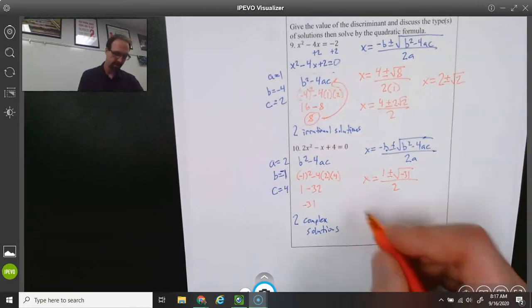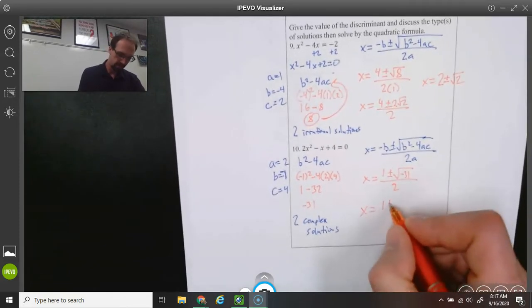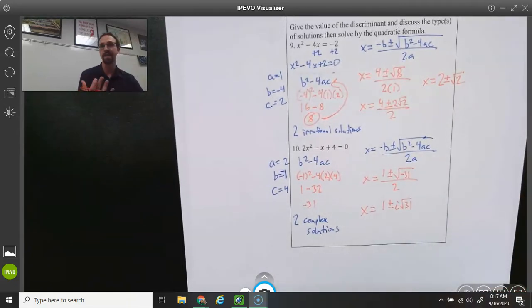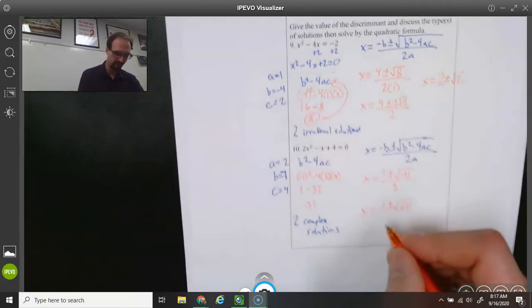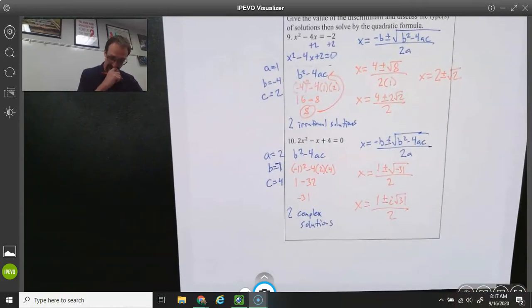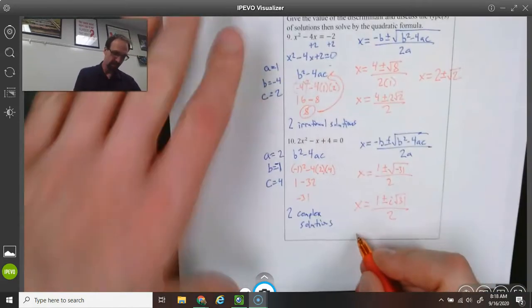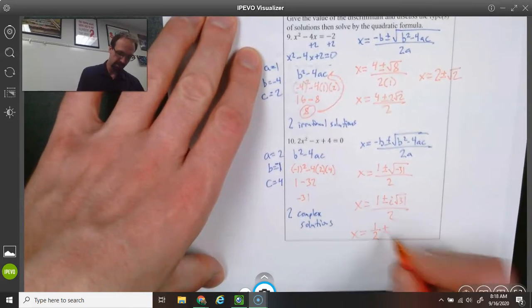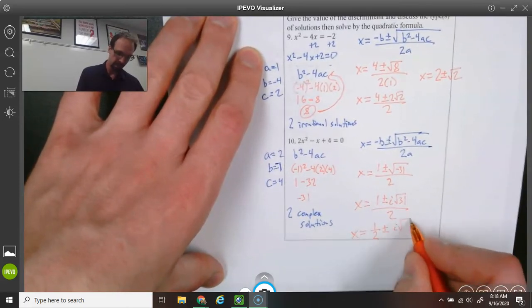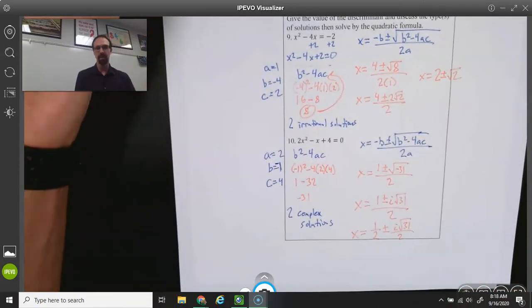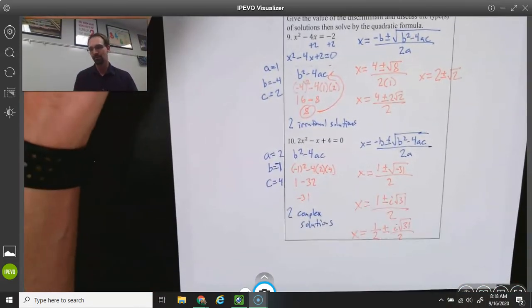Now I can go ahead and simplify this. x equals 1 plus or minus i square root of 31, all over 2. So always take out the i. You're never going to leave a negative inside another radical. I can't evenly divide 2 into 1 or into i, so I'm going to leave it as this. Sometimes you will have someone ask for them split apart into the real and the imaginary part, or the real and the radical as two separate terms. That's fine too. That's just another way to represent it.